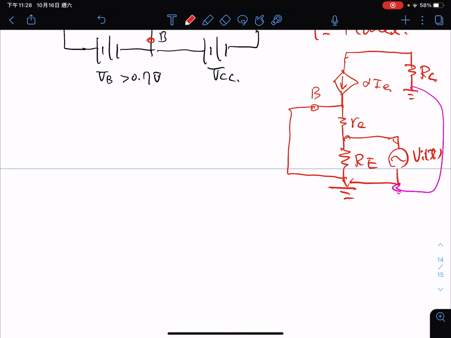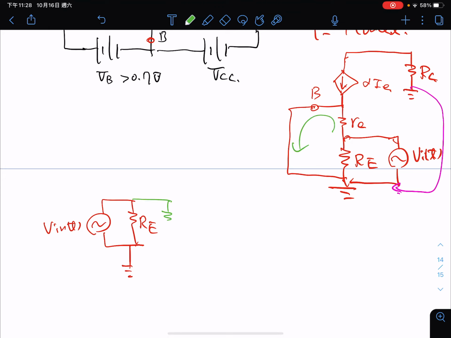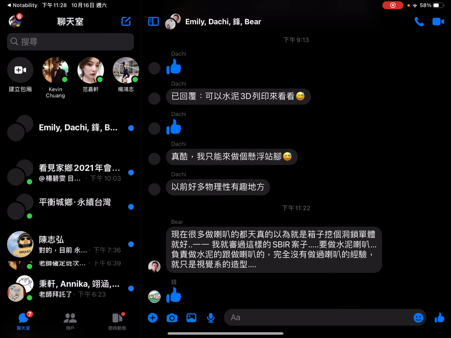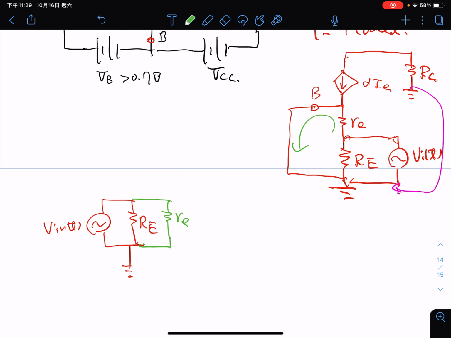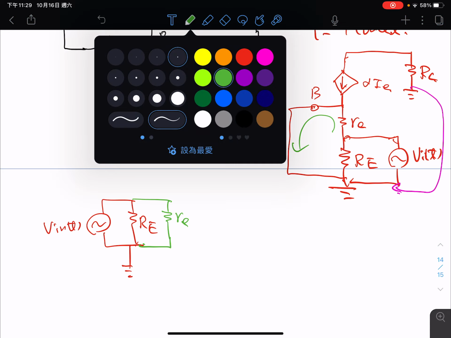So in a more traditional way, we have this one, we have V in of t, connected to a resistor to ground. And we connect the other resistor, this one here, to ground too. We have RE here. And then we have a current source.